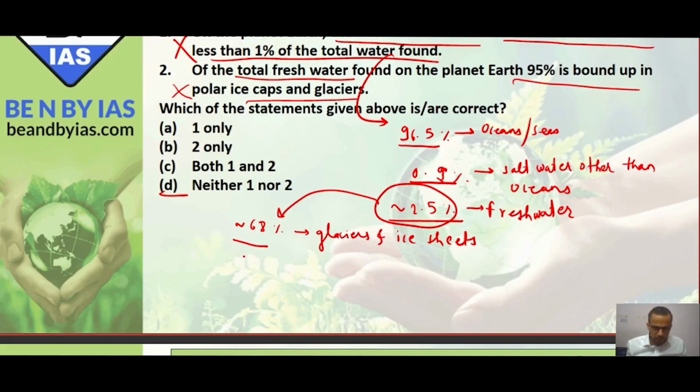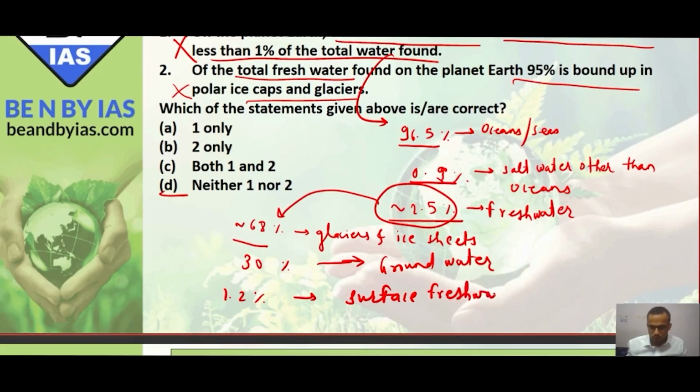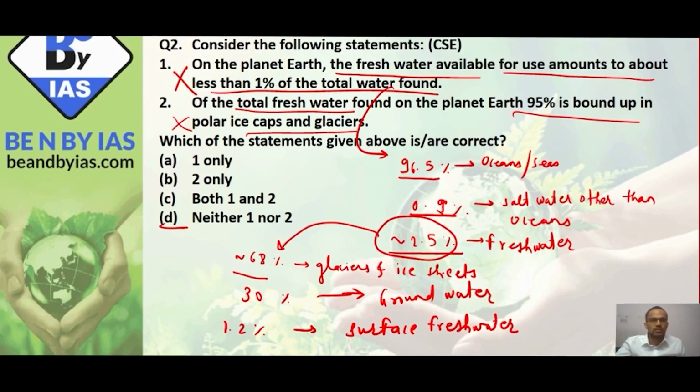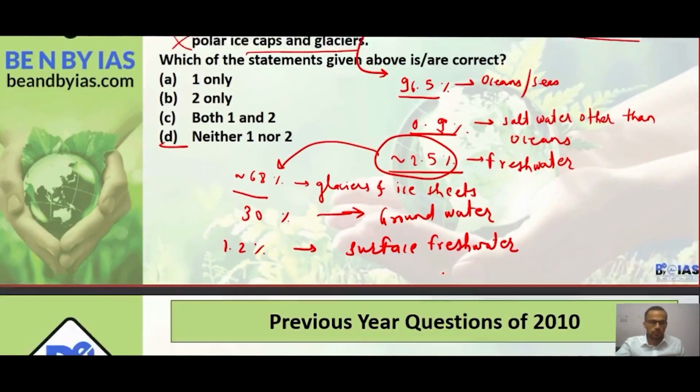Whatever is left, around 30%, is in the form of groundwater, and 1.2% is surface freshwater. Fine. So this is about this particular question. The answer for this question is neither one nor two. Next now.